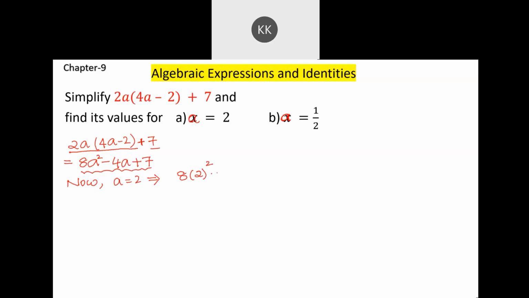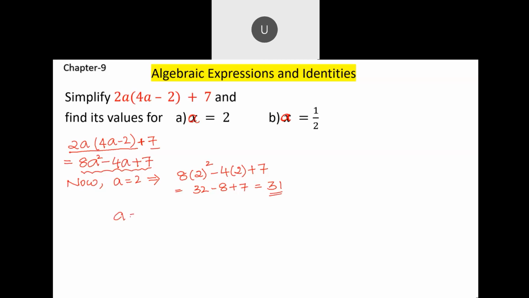So 8 times 2 square minus 4 times 2, plus 7. 2 square is 4, 4 8s are 32, minus 8, plus 7. 32 minus 8 is 24 plus 7 is 31. Or else minus 8 plus 7 is negative 1, 32 minus 1 is 31.